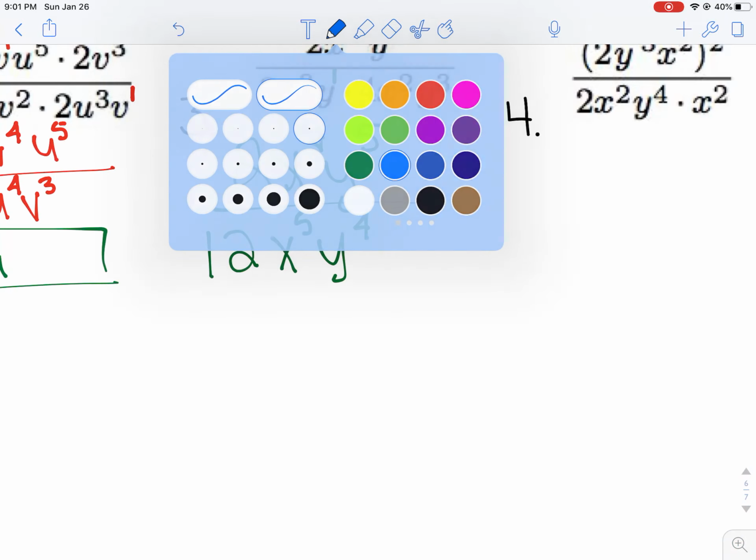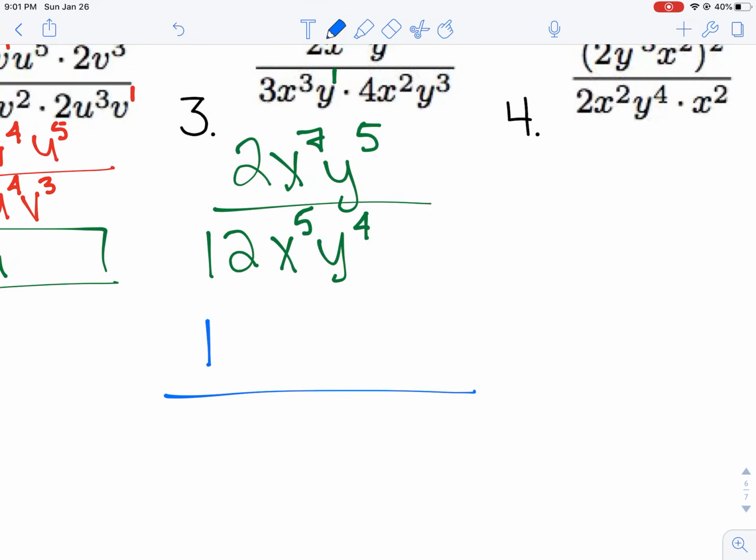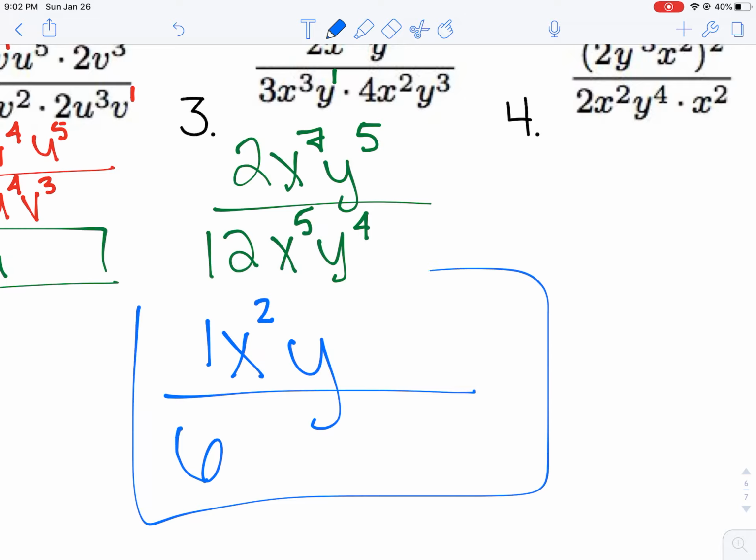Now, 2 and 12, that can simplify. They're both divisible by 2, so it simplifies to 1/6. Now I have quotient rule, so if I simplify those pairs, 2 x's would be left over in the top. Same with my y's. If I simplified those pairs, 1 y would be left in the top. So I am done at that point.